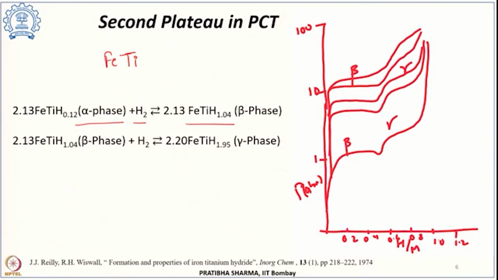So, there are two different types of hydrides, monohydride and dihydride, and these result in two different plateau regions. So, while designing any system, that also needs to be considered. Usually the monohydrides are more stable; we will see later that there may be a difference in the stability of these hydrides as well, and that has to be considered in a hydrogen storage system.